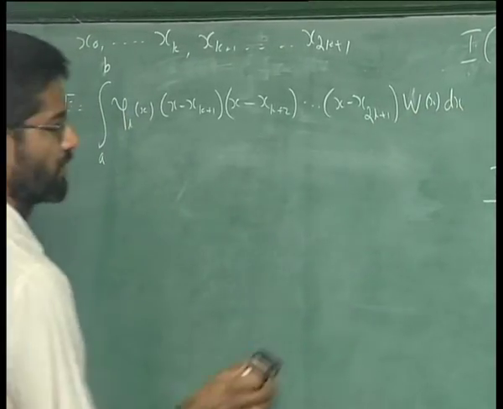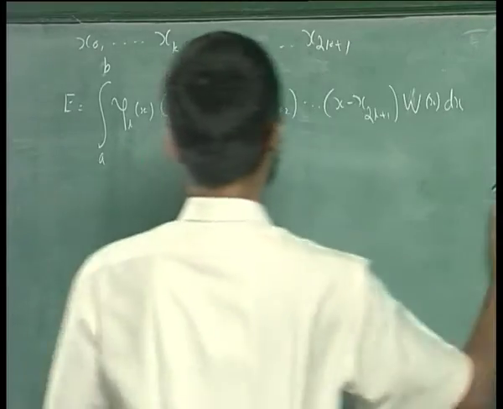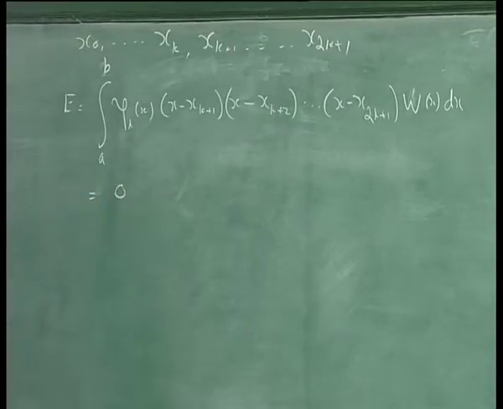That is the error which we have, and that is what we want to make equal to 0.